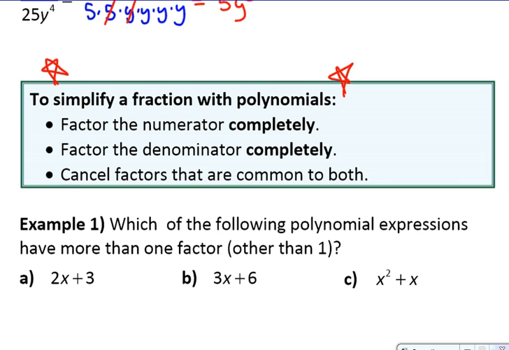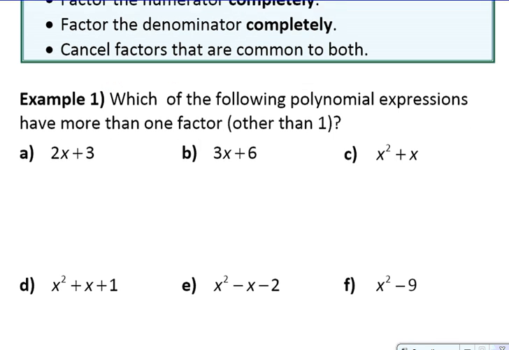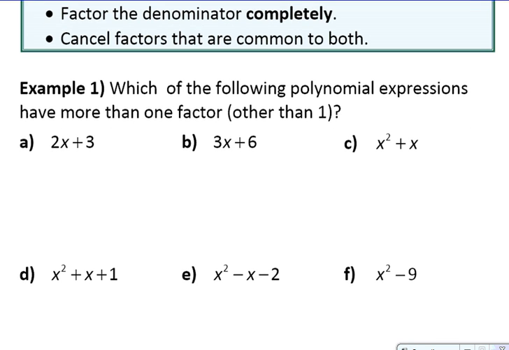So example 1, let's just talk about what a factor might look like. A factor is a part of a multiplication problem. So you should look at the problem and see multiplication. One of the things multiplied is a factor. So I want to look at any of these, A, B, C, D, all of those. I don't see any multiplication. I see things added, 2x plus 3, 3x plus 6.